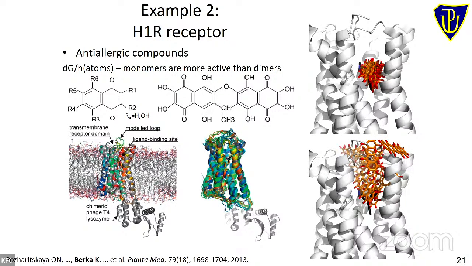What they knew was that the package of monomers and dimers is making this effect, but they did not know which of those molecules is causing it. And we found that when we use the smaller molecule, it bound quite nicely into the active site of this G protein coupled receptor. So it was having an effect.